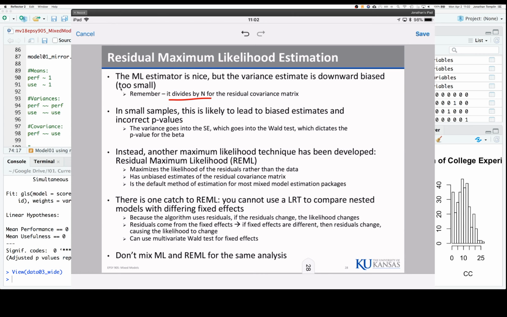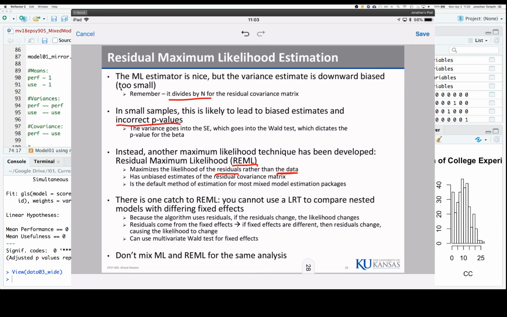However, it's no longer n minus 1 for the variance, it's n minus the number of fixed effects in the analysis that shows up there for the denominator to make it unbiased. REML gives that to you. So the problem with biased estimates is that we may get incorrect p-values from them, particularly in small samples. So the difference between REML and ML is that REML maximizes the likelihood of residuals rather than the data.